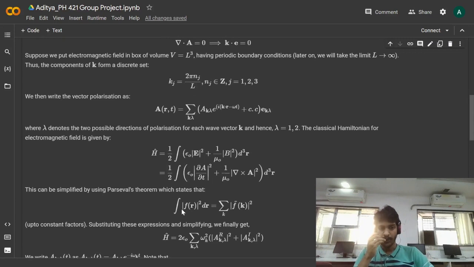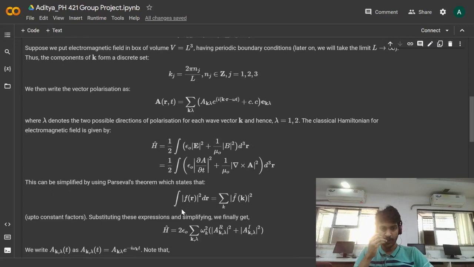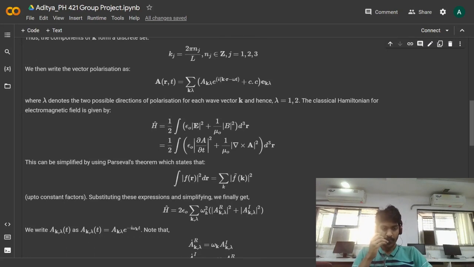We can simplify this using Parseval's theorem, which relates a function and its Fourier transform: the integral of the modulus squared of the function over r equals the summation over k of the modulus squared of f_k.